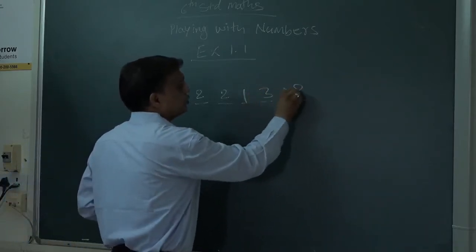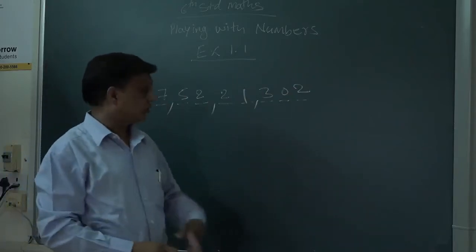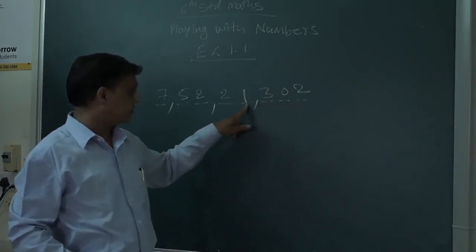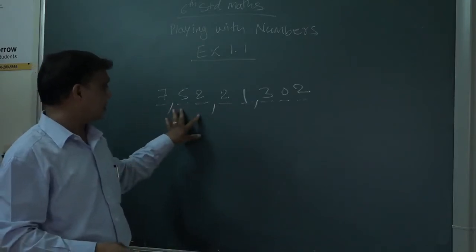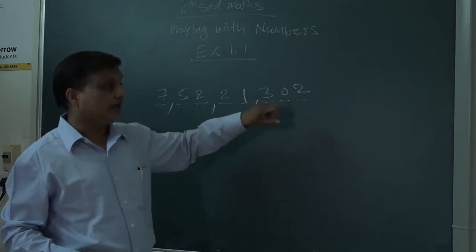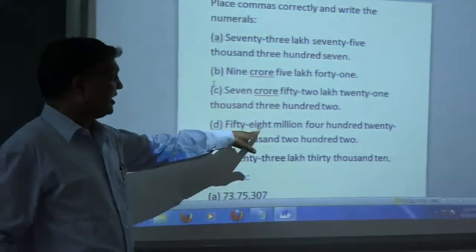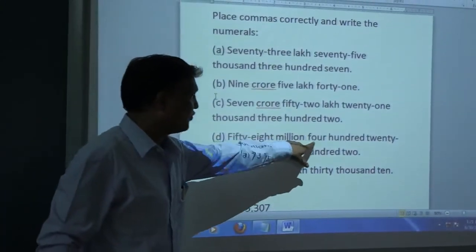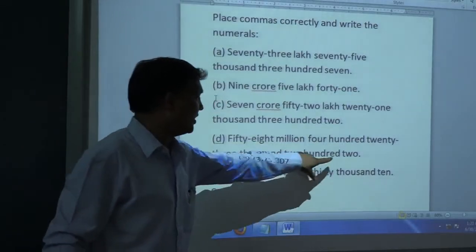After 52 lakhs, 21,000. After 21,000, 302. Now put commas according to the Indian system. So 7 crore, 52 lakhs, 21,302. Now, what is the next question?